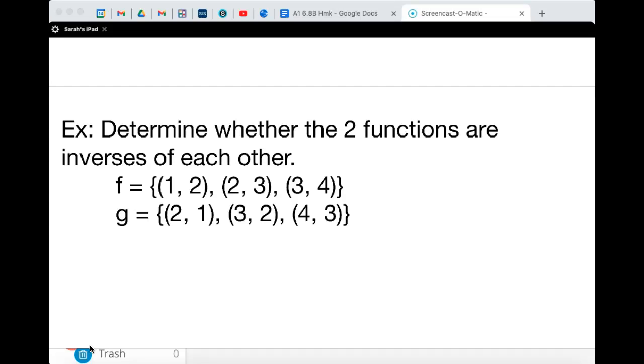Okay? But I want to know if they actually are inverses of each other. So does anybody notice anything about f and g? Yeah, so the ordered pairs kind of flip-flop.